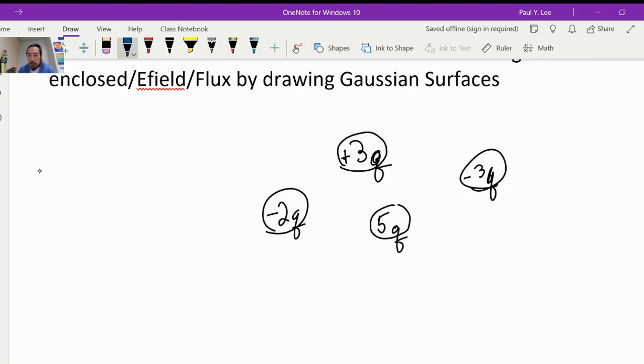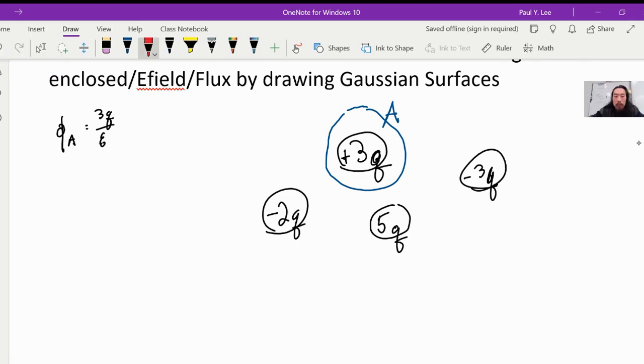So the first Gaussian surface, I'm just going to draw it like so, and we're going to call this A. So if I were to ask you, what is the flux for A, magnitude-wise? You'll say it's just 3Q over epsilon naught. Makes sense, right? Because we enclose 3Q. All right, let's do one of these.